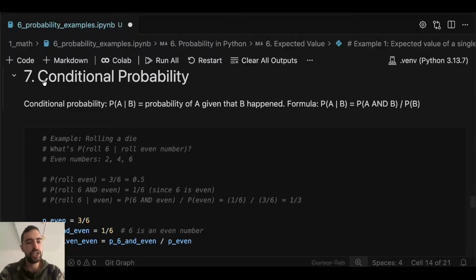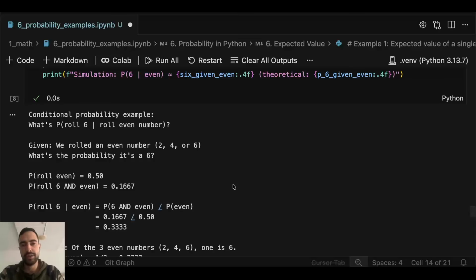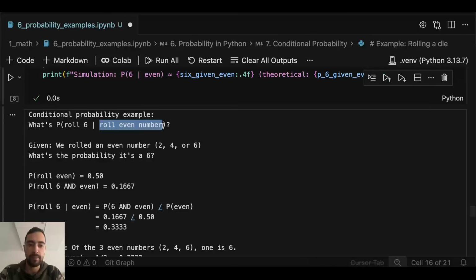Then we have conditional probability. So probability of A happening given that B happened. You can calculate this by this formula: probability of A and B divided by probability of B. It's easier to understand this in an example. So given that we roll an even number, what's the probability that that number is 6?